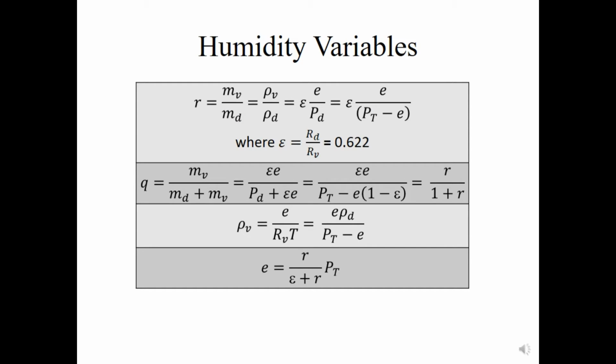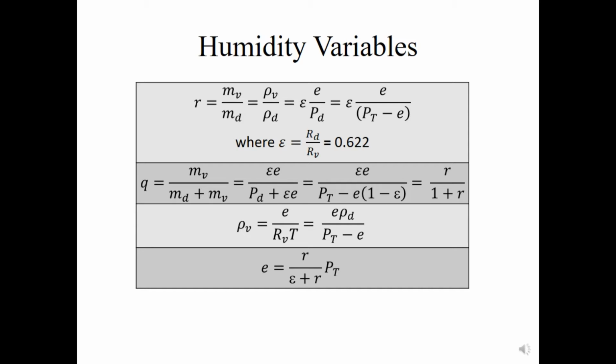So here we have a summary of the humidity variables that were discussed in the attached video. You might notice that I used a slightly different variable name for the mixing ratio in the video. I was using W instead of r. Some textbooks use w and some textbooks use r.